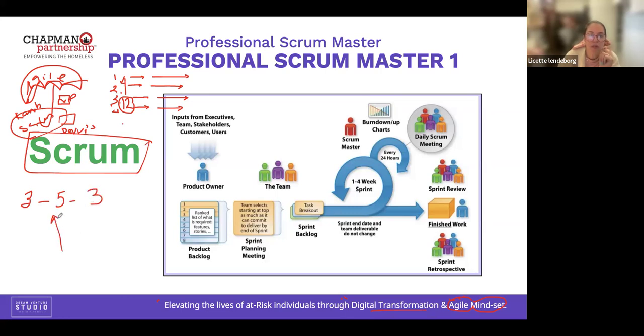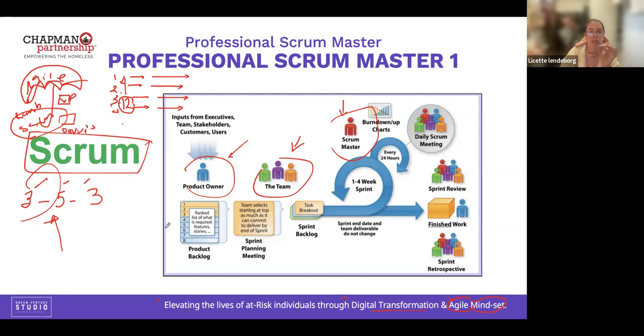These 5 ceremonies are the same as meetings and events. Activities, you can name it a different way. So don't get confused. The 3-5-3: those are the 3 roles: the product owner, the development team, and the Scrum Master, right?